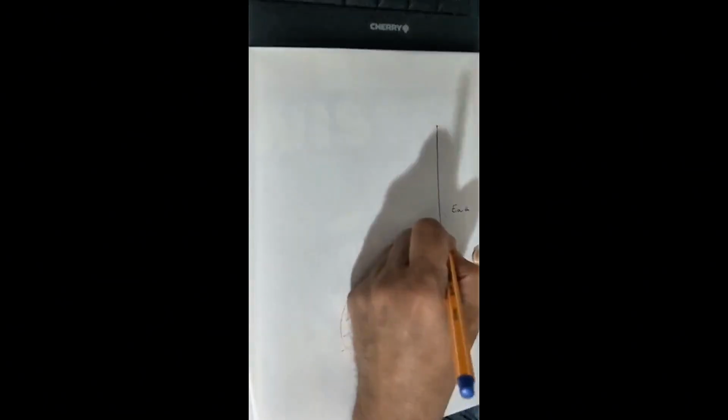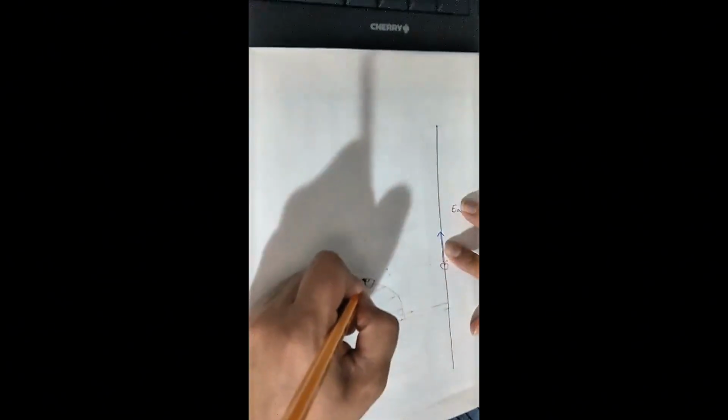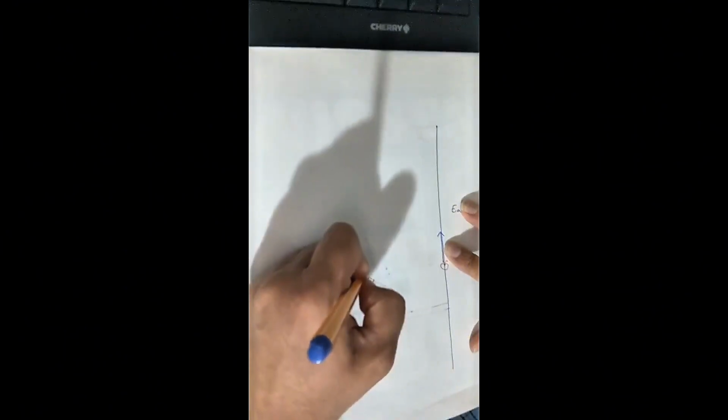According to the general theory of relativity, the time for these two apples will not pass the same. So while this time is like this, the time of this will be longer. Oh, sorry.